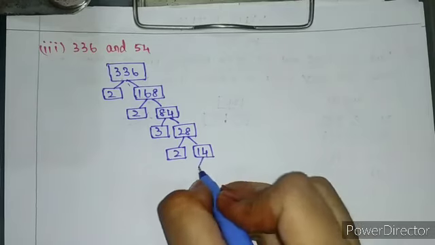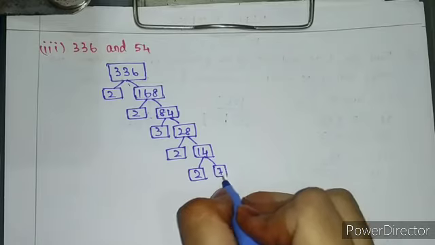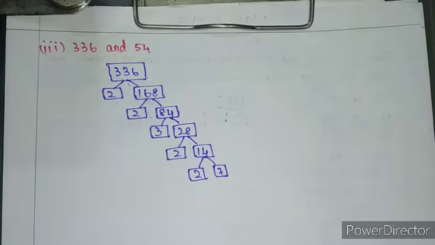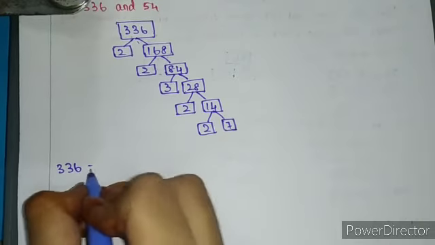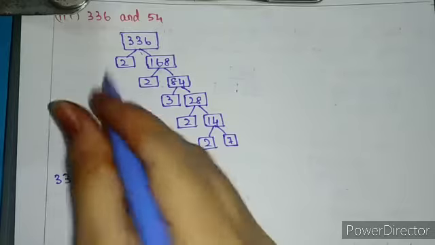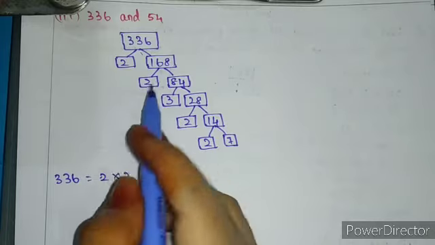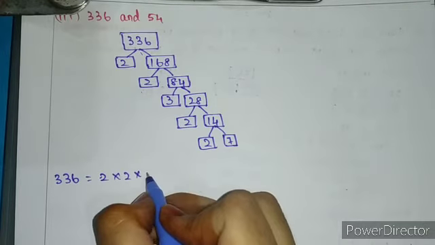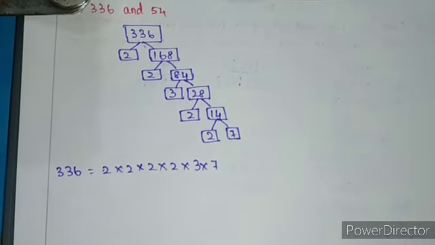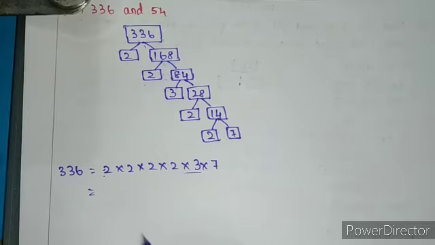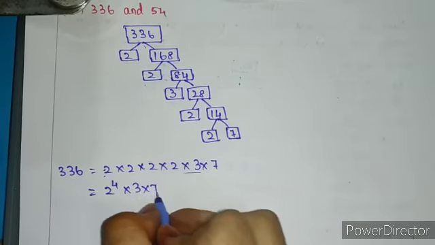And this 14 can be written as 2 into 7. So here 2 and 7 are prime numbers. We can't factorize further. So this 336 can be expressed in prime factors, in ascending order, as 2 into 2 into 2 into 2 into 3 into 7. Combining the common primes, we get 2 to the power 4 into 3 into 7.